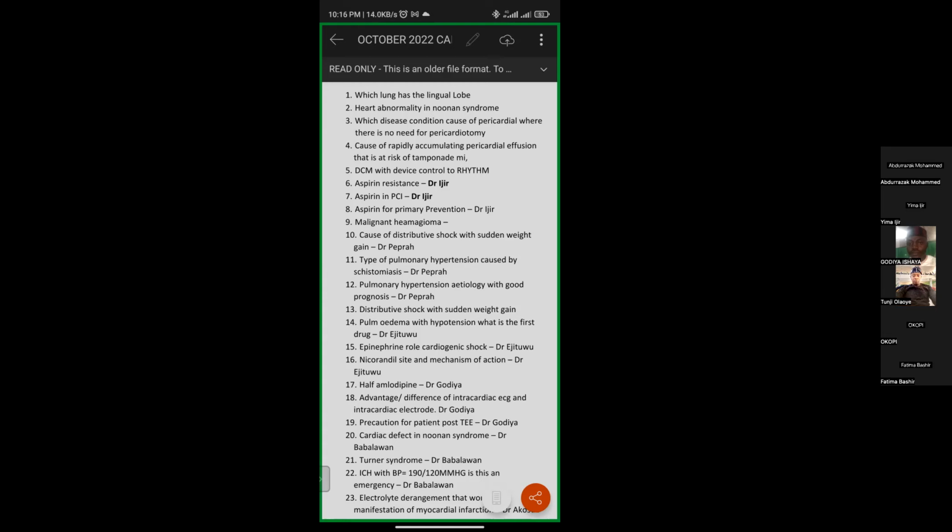So basically, the management of aspirin resistance is to identify, if possible, and treat the cause of the aspirin resistance, or you change to another drug that also suppresses platelet function, because we know it's not only aspirin that can suppress platelet function, but there are several other drugs. So that's basically how you manage aspirin resistance.